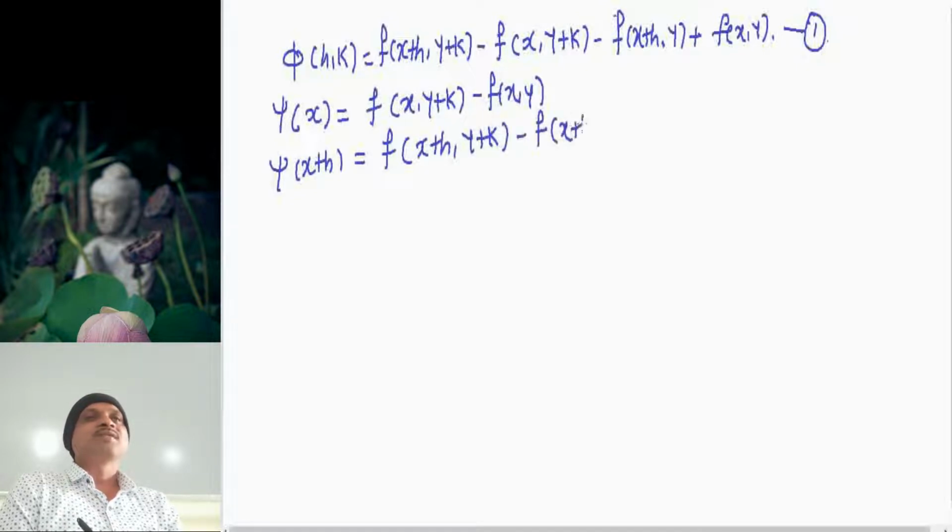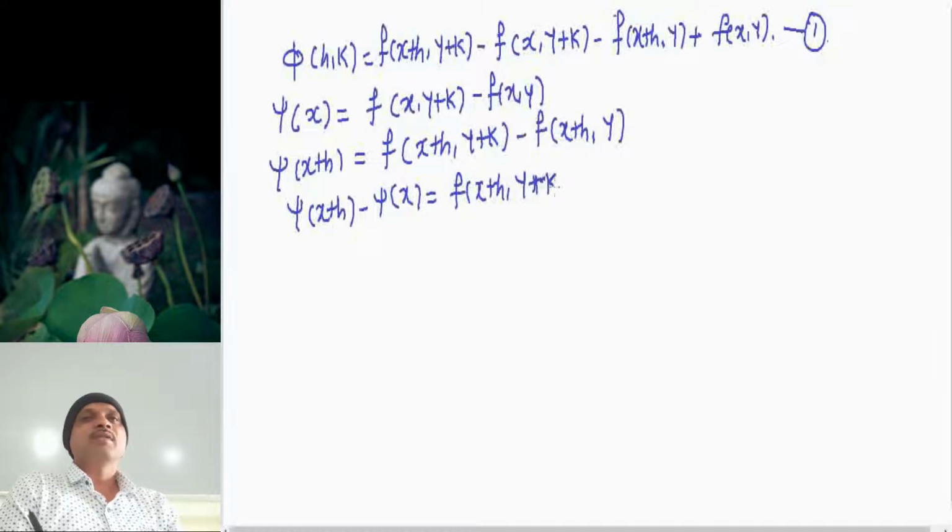Then psi(x+h) - psi(x) equal to f(x+h, y+k) - f(x+h, y) - f(x, y+k) + f(x, y).